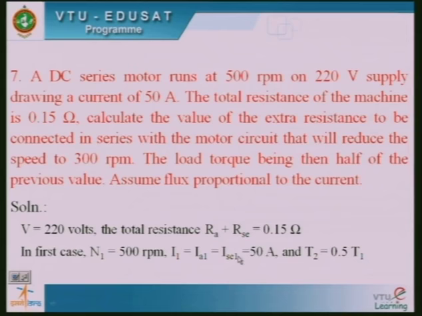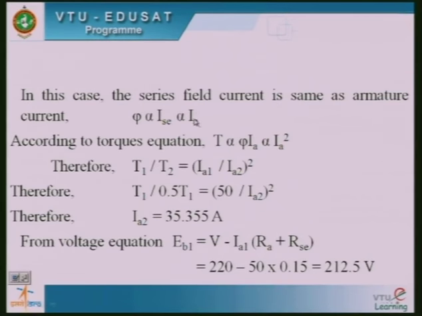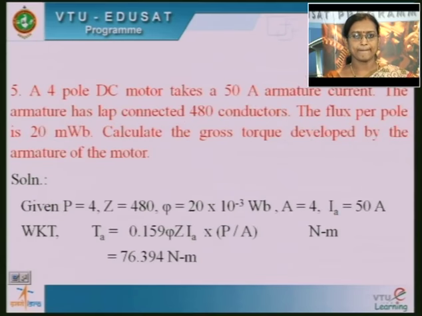So, that is collect the data given, we have already collected, and then in this case when you are considering the series field is connected in series with the armature, the series field current is same as armature current. That is why phi is directly proportional to IA. We know that the torque equation is TA is equal to 0.159 phi Z IA multiplied with P by A. Here number of poles are fixed, the number of parallel paths are fixed, Z is fixed, 0.159 is a constant value.